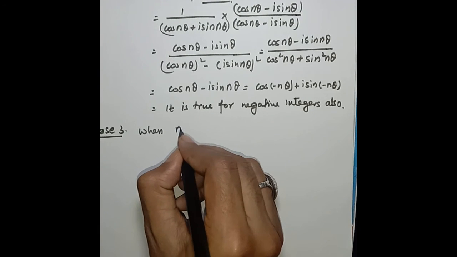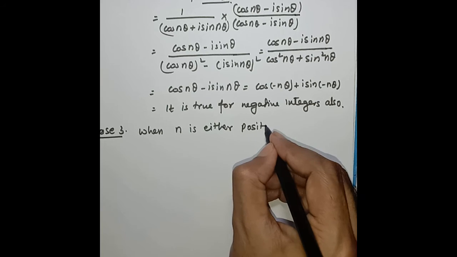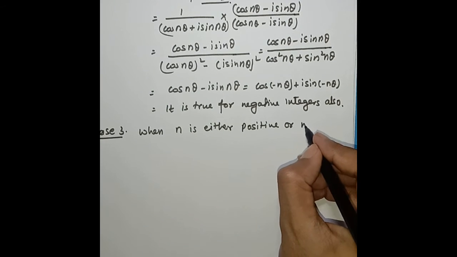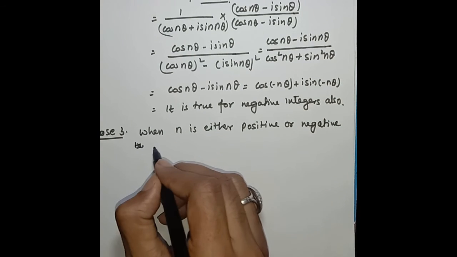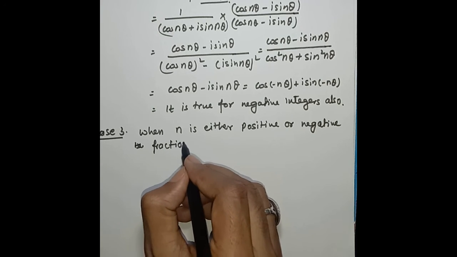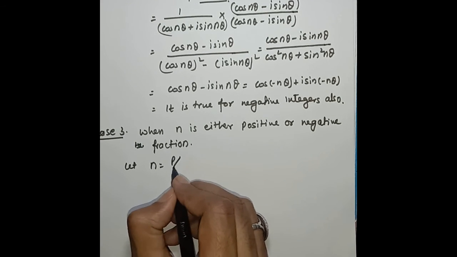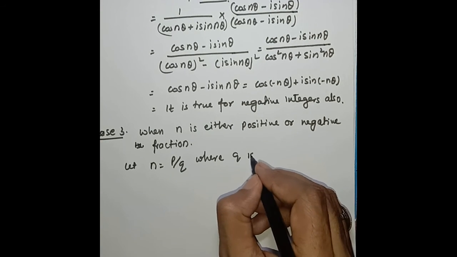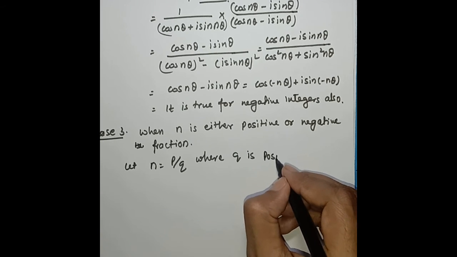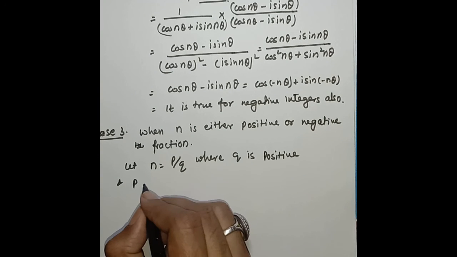When n is either positive or negative in fraction, let n be equal to p by q, where q is positive and p is any integer.